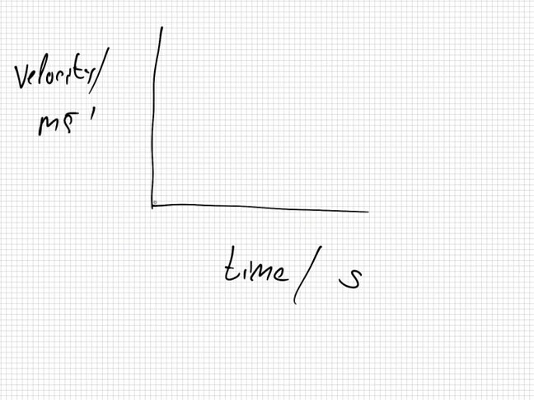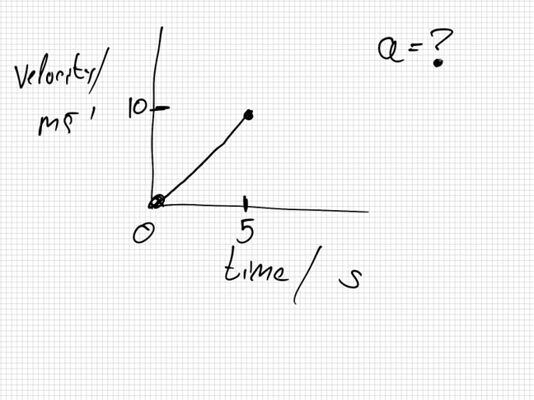The car starts at rest at 0, and then what happens? It goes up to what speed? 10 meters per second. How long does it take? 5 seconds. So that's the graph. Pretty easy, right?